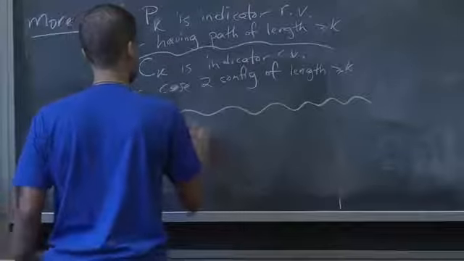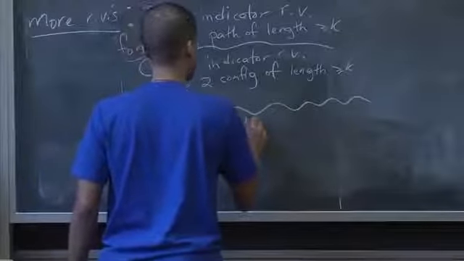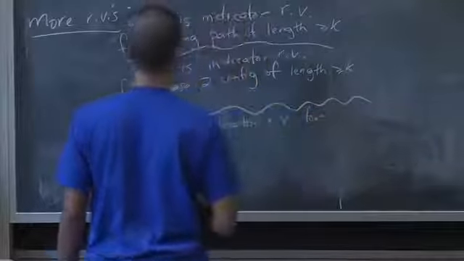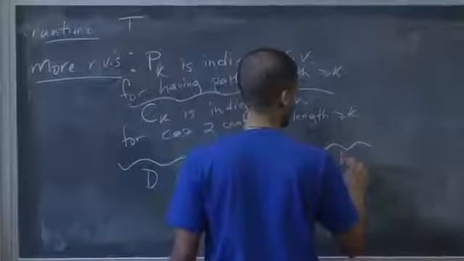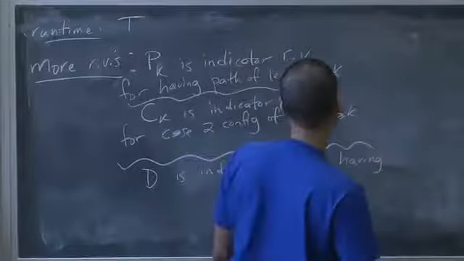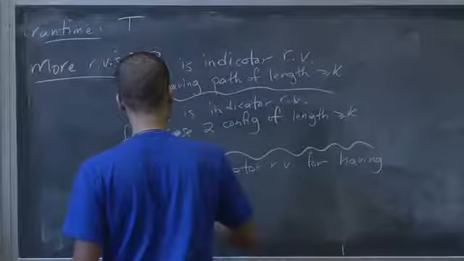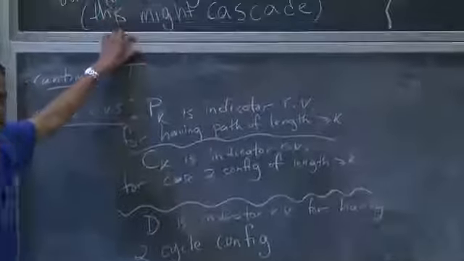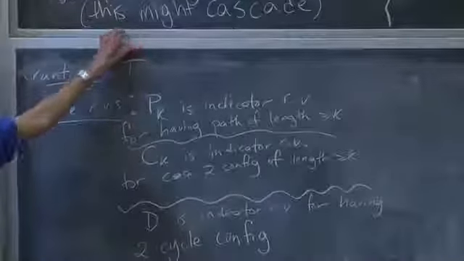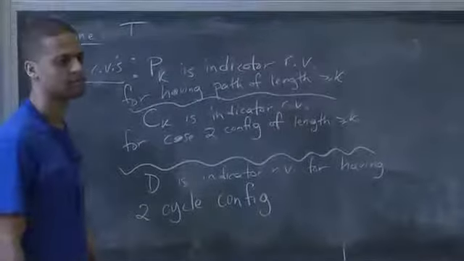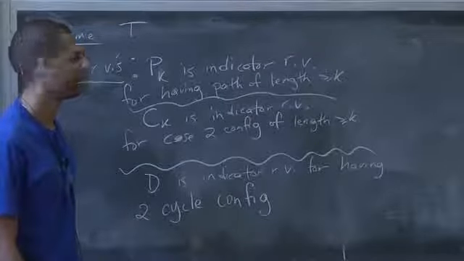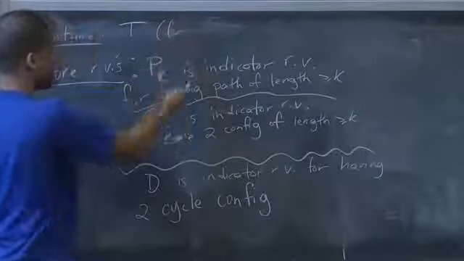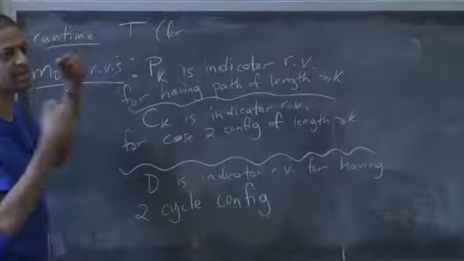D is an indicator random variable for having a 2-cycle configuration. This is for inserting x. All of these are when we insert x, what do we see as we insert x?